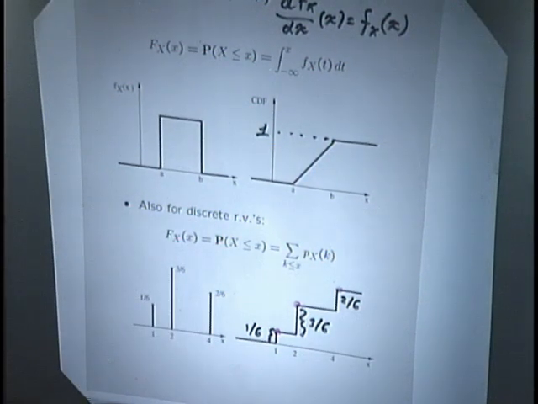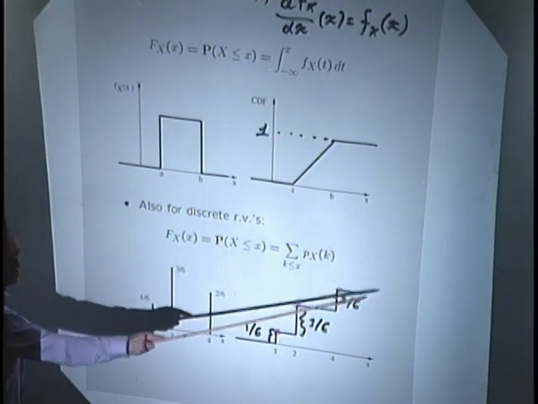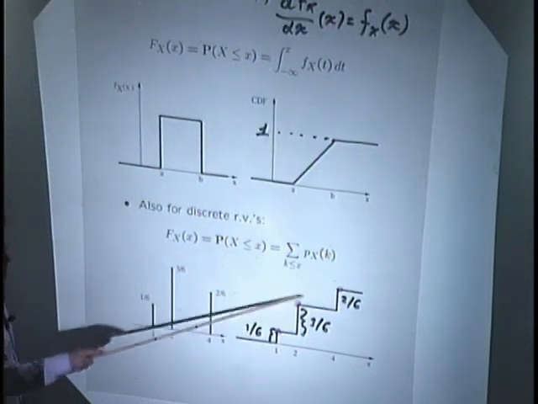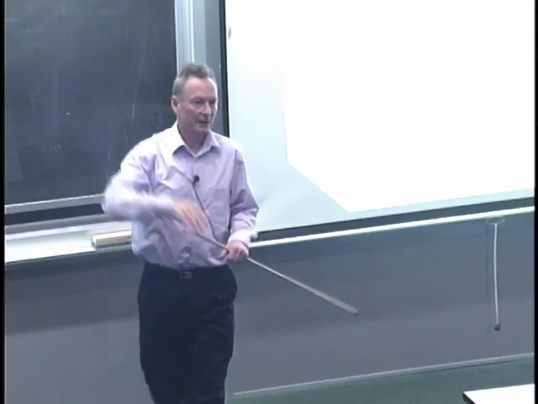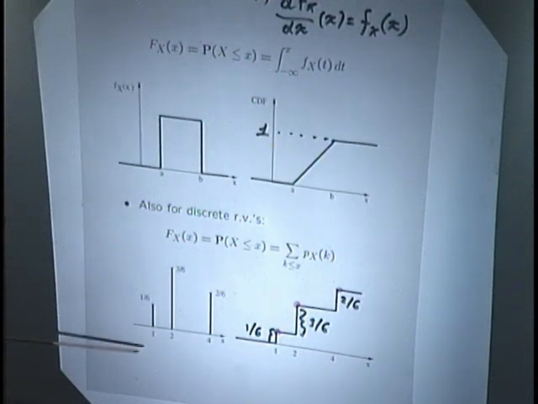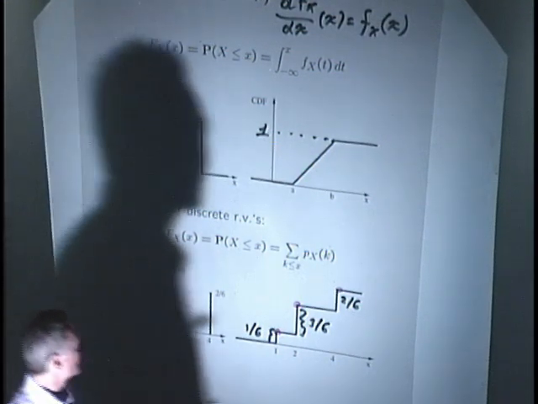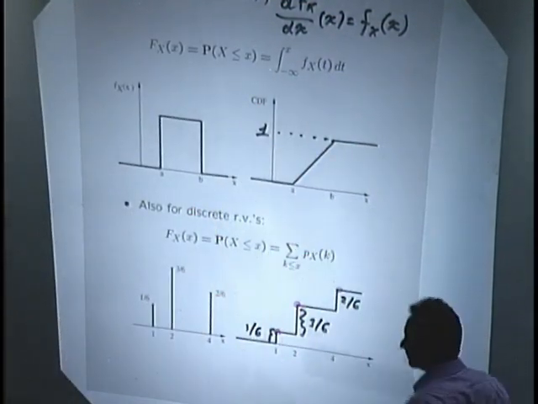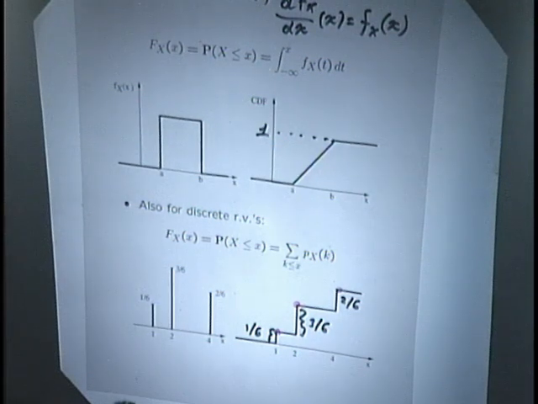In the discrete case, again, it starts from 0 and it goes to 1, but it does it in a staircase manner. And you get a jump at each place where the PMF assigns a positive mass. So jumps in the CDF are associated with point masses in our distribution. In the continuous case, we don't have any point masses, so we do not have any jumps either.